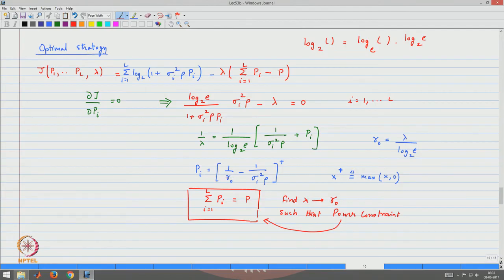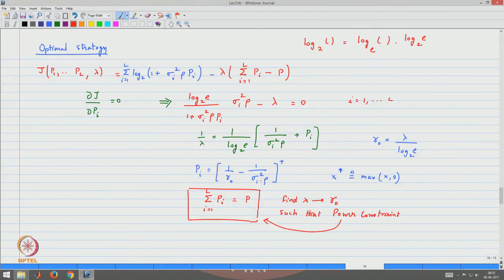So, what we find is that the power allocation is always done with respect to a constant value, and it also depends on the reciprocal of the SNR, where sigma I squared times rho is the SNR.